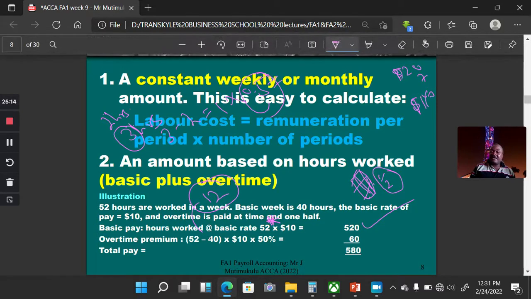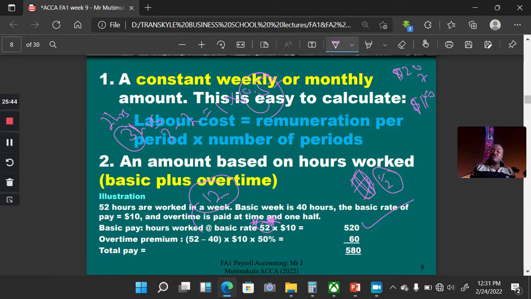We're saying here, this guy, his normal week is 40 hours, but he worked 52 hours. So there was an extra of 12 hours. For those 12 hours, he's going to be paid the basic rate, and they are in this 52 you are seeing here.